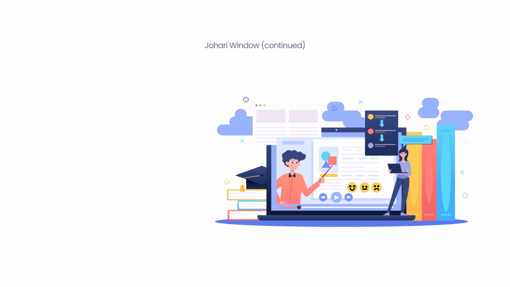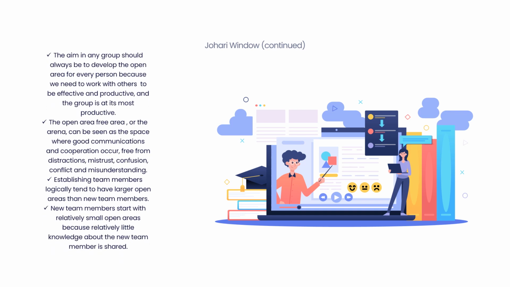Johari window continued. The aim in any group should always be to develop the open area for every person, because we need to work with others to be effective and productive, and the group is at its most productive then. You see, this is about team management, to build team spirit.